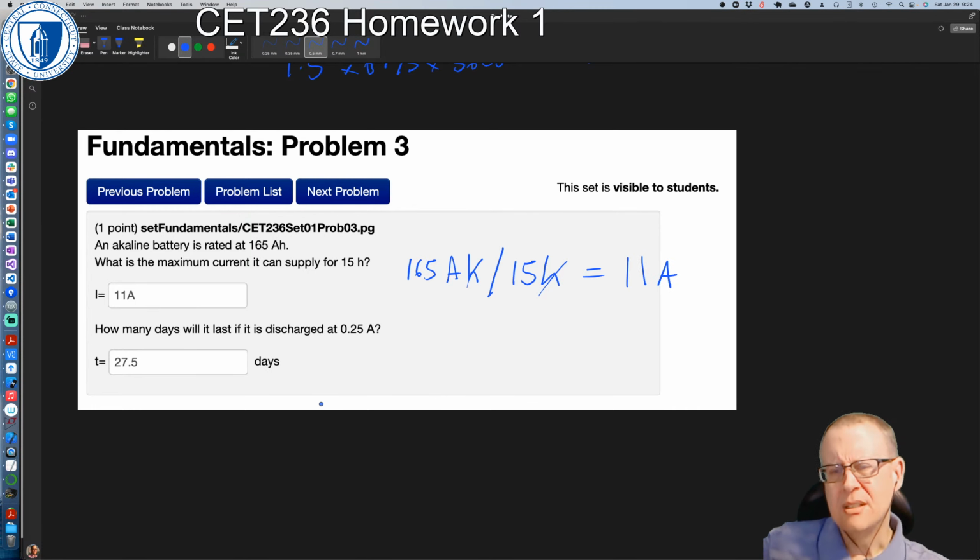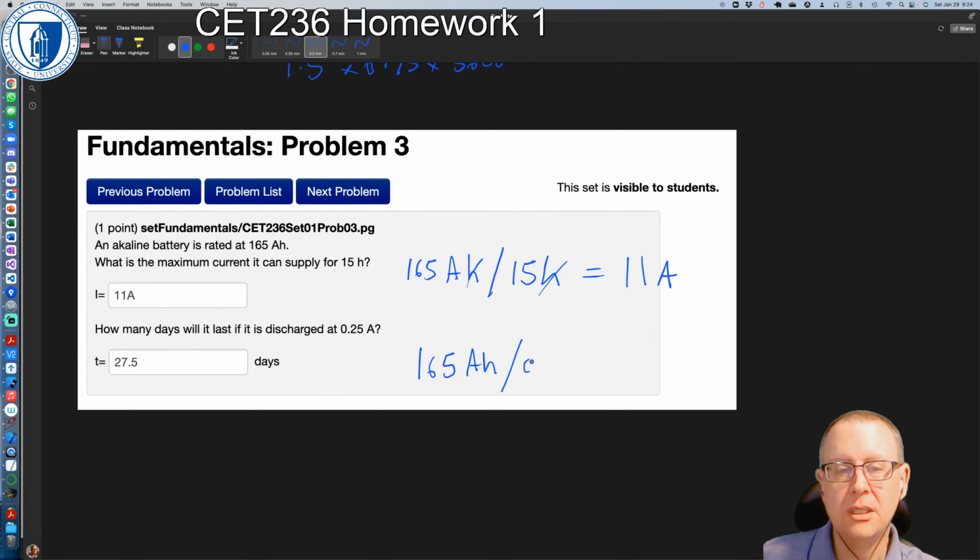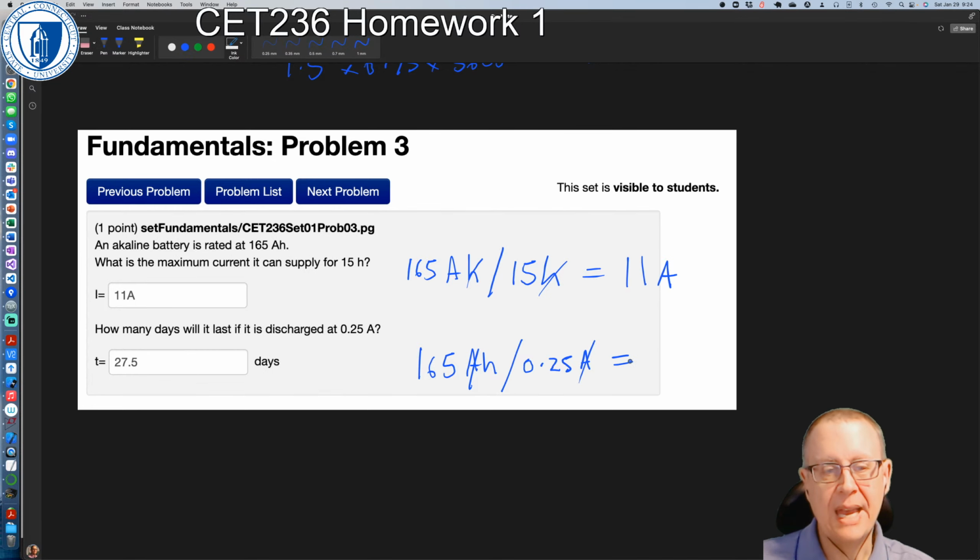And the next one is a bit more of a unit conversion, this time in terms of time. So we've got 165 amp hours divided by 0.25 amps, right? So that's going to be a number in hours.